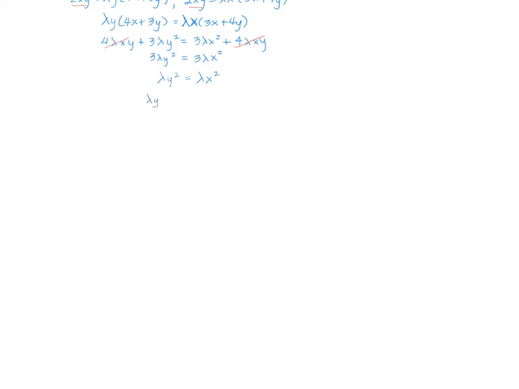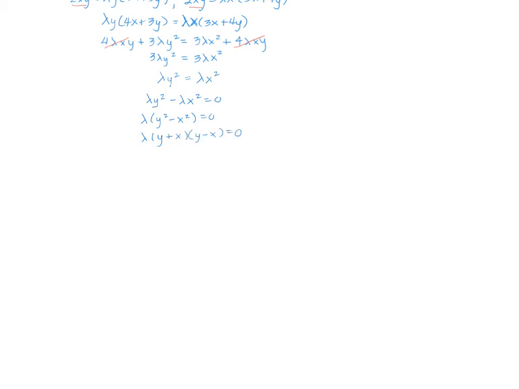So setting this equal to 0 by subtracting the lambda x squared from both sides, I can see that a common factor of lambda can be factored out. And then within the parentheses, I see that I have a difference of squares, which factors as y plus x times y minus x.